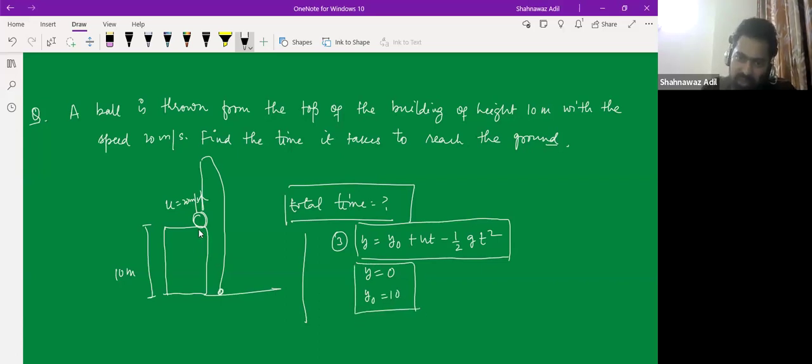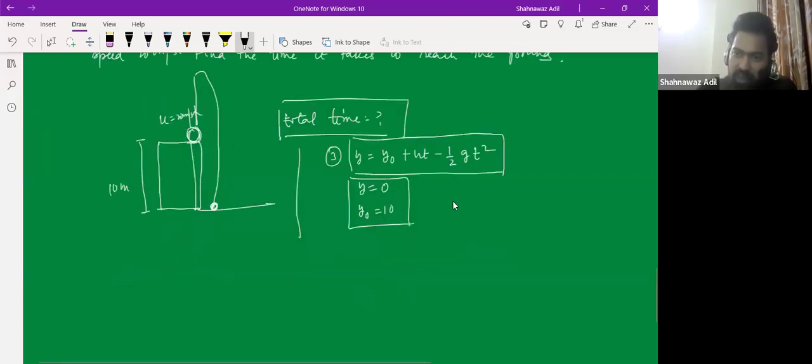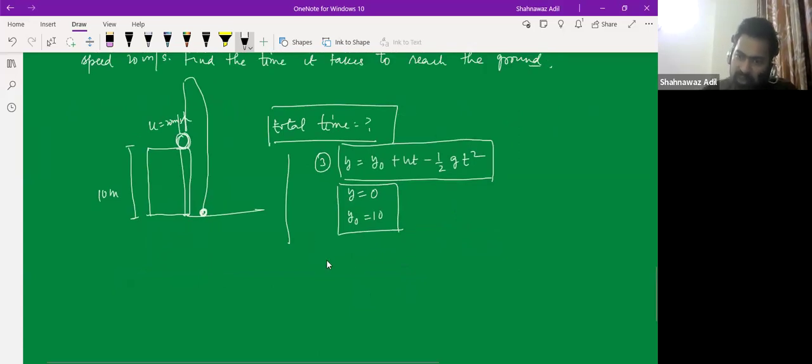Right, so initial position, initially it was here. So this is 10 and final position is 0. So we put these values, right? u we already know, so this is 20. y is 0, and then this is 10 plus ut. u is 20 and t we have to find out, minus half, and g is 10, and t square.